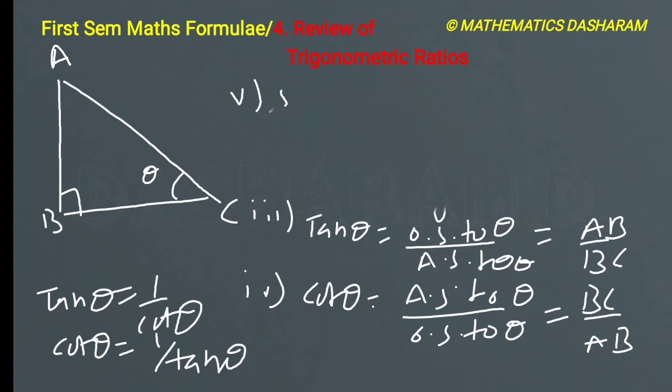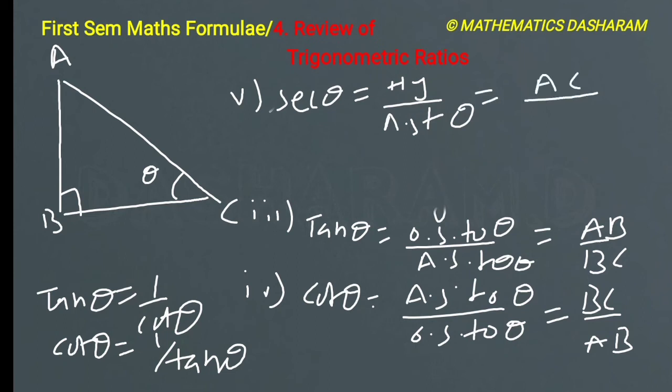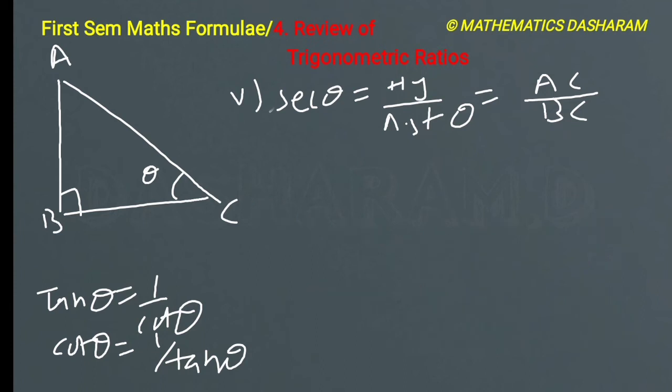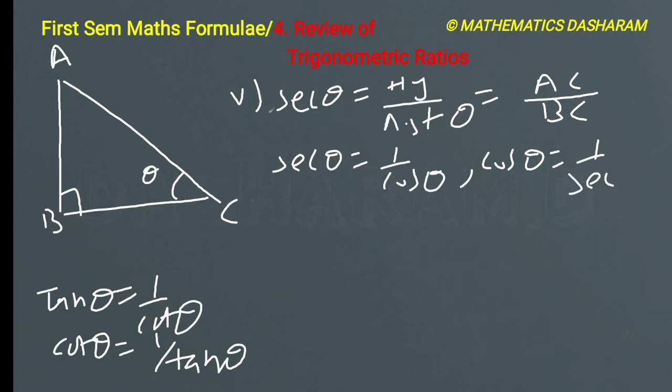Next, the fifth one is sec theta, which equals the hypotenuse divided by the adjacent side to theta. Hypotenuse AC and adjacent side to theta is BC. So that means sec theta equals 1 by cos theta, and cos theta equals 1 by sec theta.